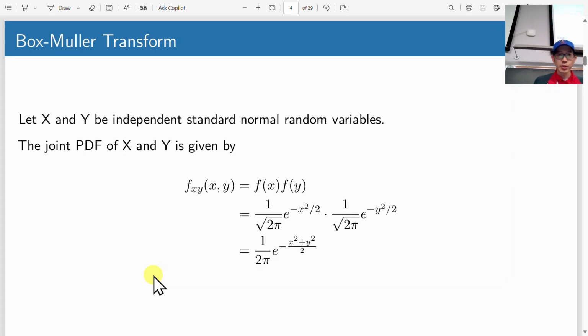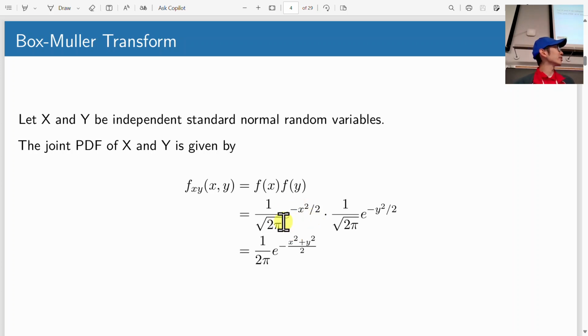Okay, so what we're going to do is say x and y are independent standard normal random variables. Because x and y are independent, we can say the joint density of x and y is the product of the PDF of x and the PDF of y, right? And this is the PDF for the standard normal.